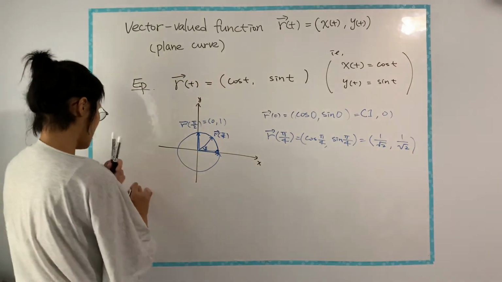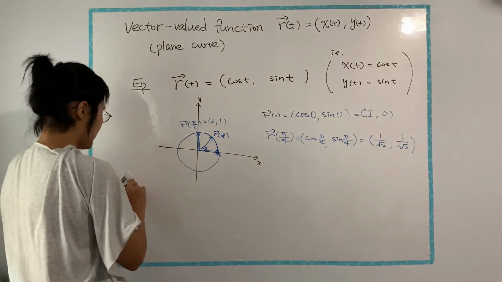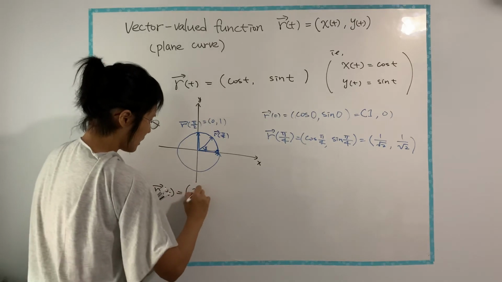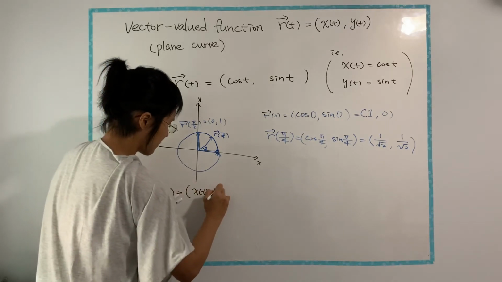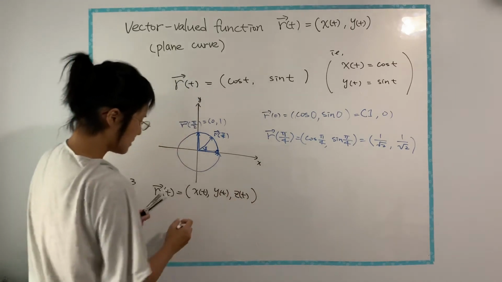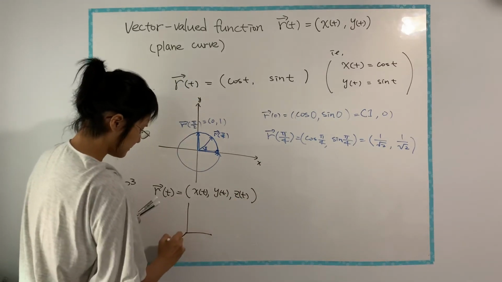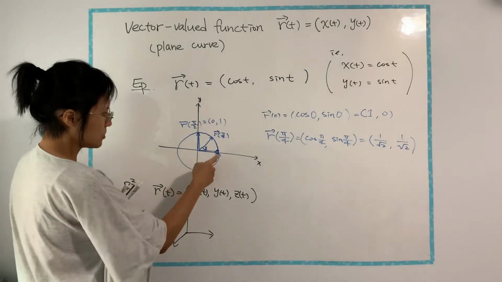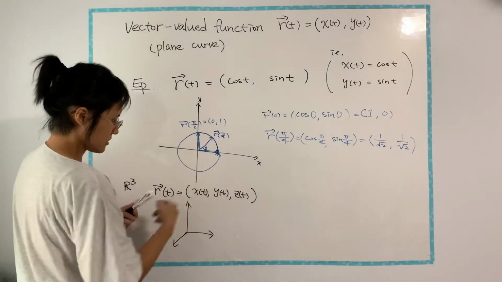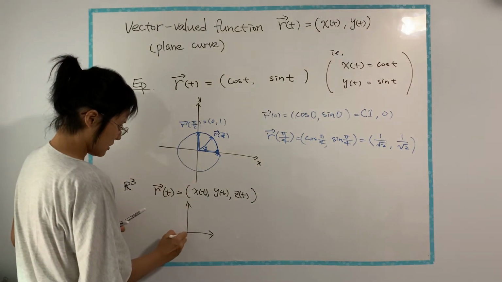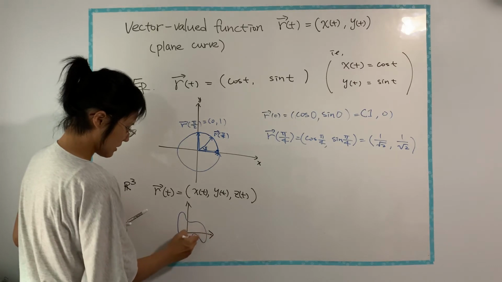If I have a vector valued function in R3, this time with 3 components, then traveling along the tip of the vectors, I could get something like this, right?